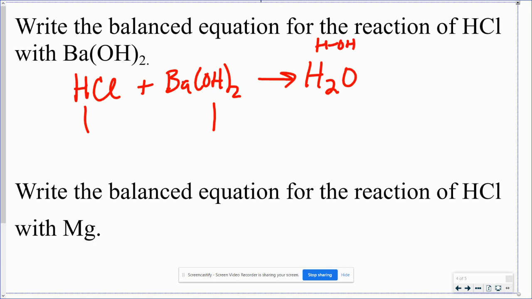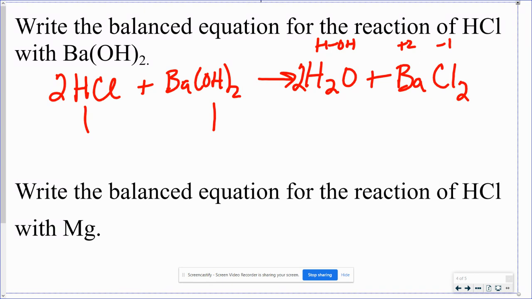And then the Ba, which is +2 charge, is getting together with the Cl, which is -1 charge. So we need a 2 here. So then we would need to balance our equation overall. We come back over here, we put a 2, and we come over here and put a 2. So then we have 4 hydrogens in both, 2 chlorines in both, 2 oxygens in both, and 1 barium in both.